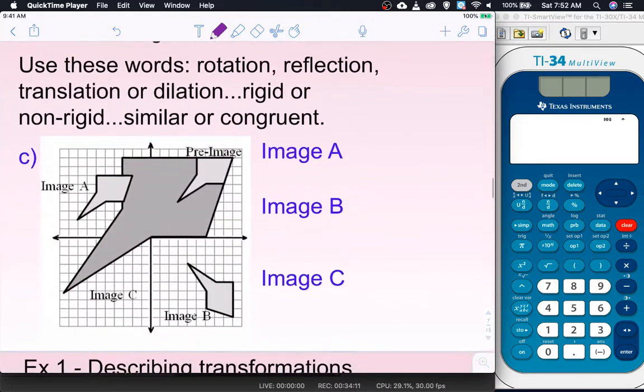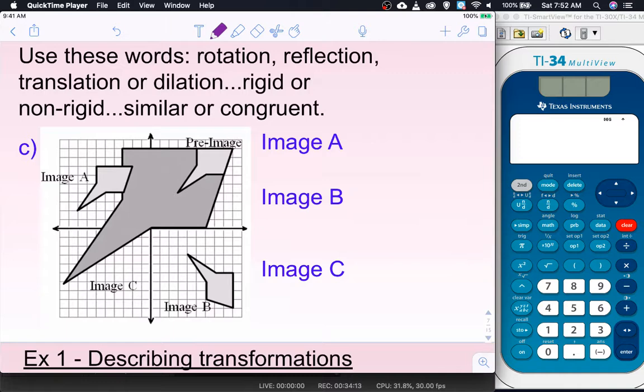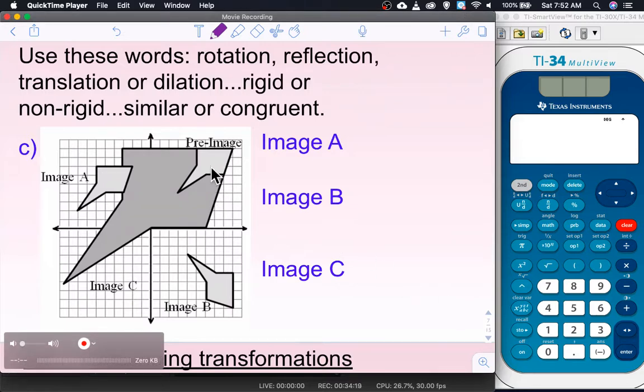All right, so now you've had a couple problems of practice with working through this together. I would like you to try one. You're going to pause the video, and just to make sure we're clear, the pre-image is this little one right here. Image C is this big guy hiding in the background. So you've got A, B, C is the big one, and there's your pre-image.